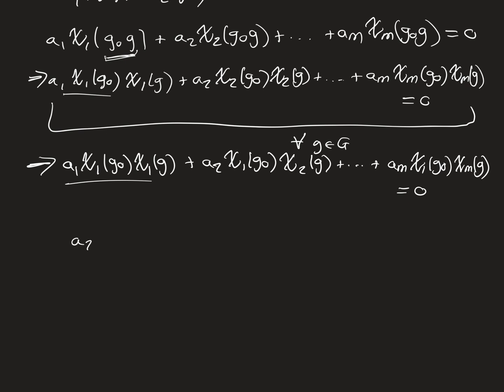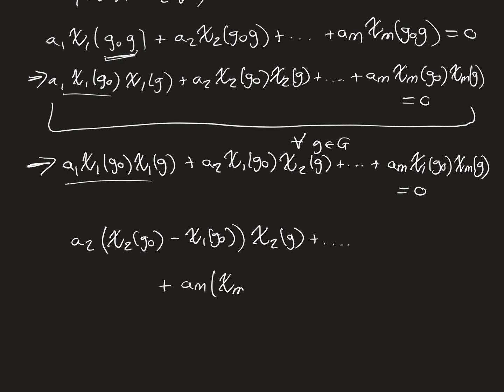So let's just write it out. So we get A2, and then chi2 of g0 minus chi1 of g0, and then chi2 of g, and then that carries on plus all the way up to plus Am, and then again we've got chi m of g0 minus chi1 of g0, times chi m of g, is equal to 0.